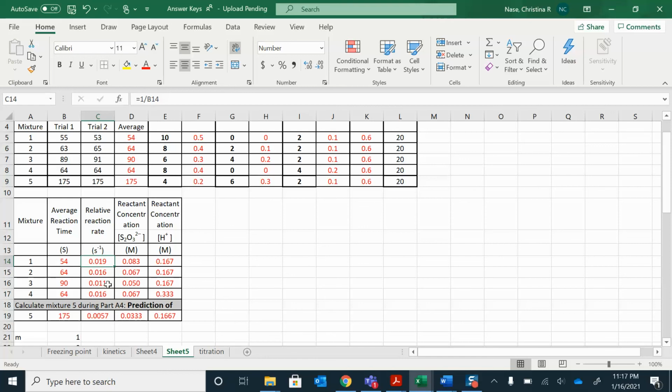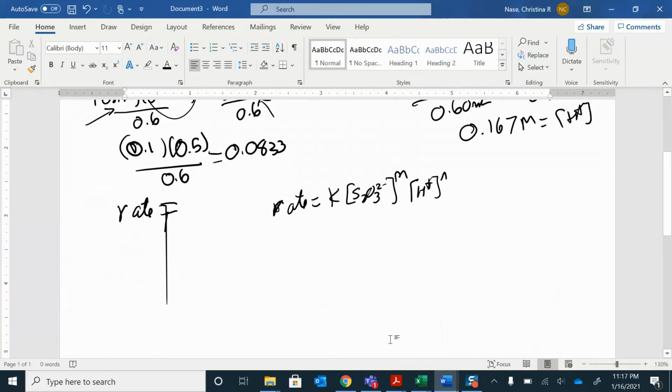So if I do 1 over 3, that's a bigger number, so I'm not going to get a fraction, which is great. It doesn't really matter. You'll get the same answer if you do it the other way. I just like to not get fractions when I'm doing those. And then these are my other concentrations that I need. Great. And so one side should kind of drop out. So I'm going to do rate 1 over rate 3.